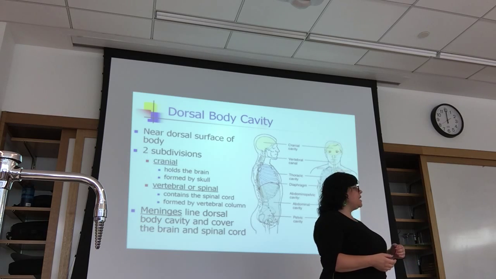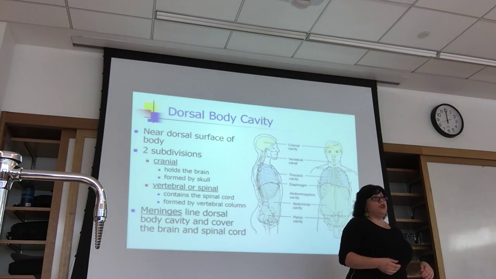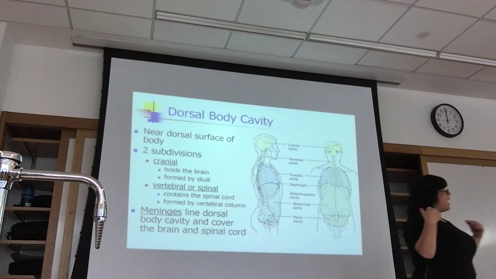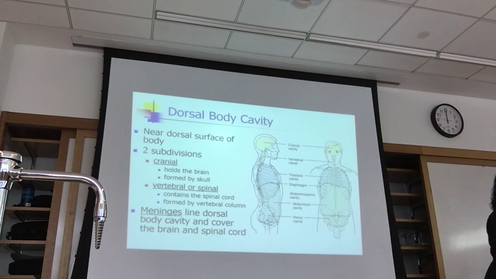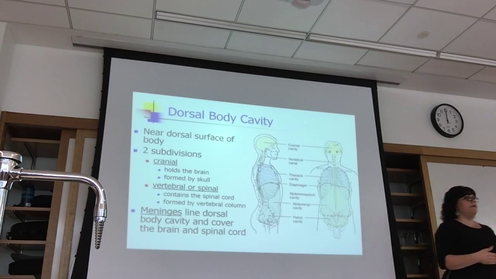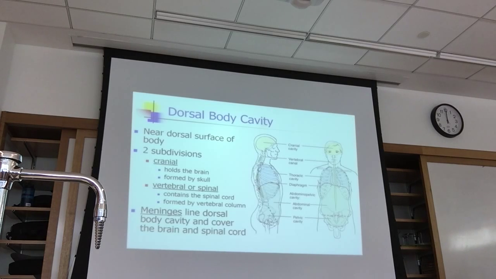The major body cavities are the dorsal body cavity, and the ventral body cavity. Dorsal means back. Ventral, think of front or anterior. Sometimes with ventral, I think of a vent, like ventilation, breathing, lungs, front of the body, if that helps.